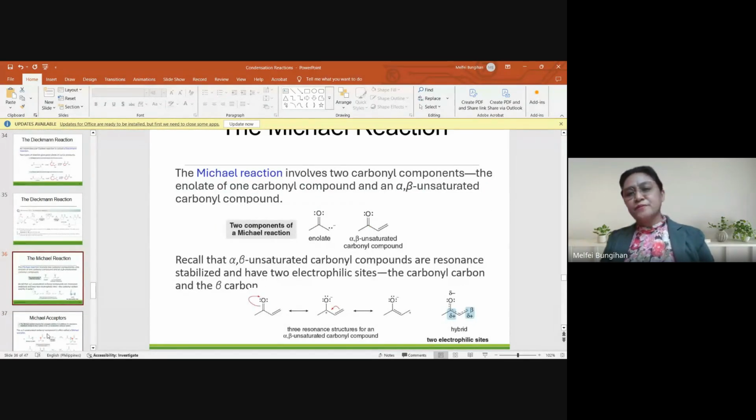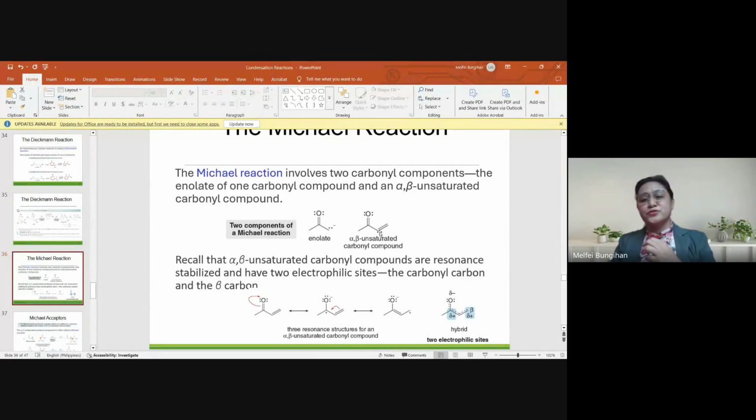Now, aside from the Dickman reaction, we also have the Michael reaction. The Michael reaction involves two carbonyl components: the enolate of one carbonyl compound with an alpha beta unsaturated carbonyl compound. So you see, your electrophile is not just a carbonyl compound, but an alpha beta unsaturated carbonyl compound.